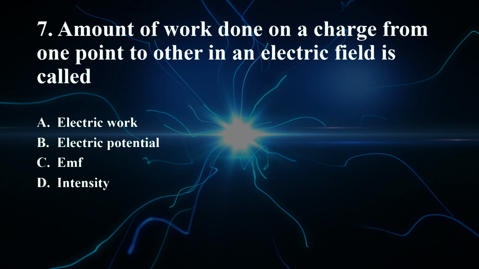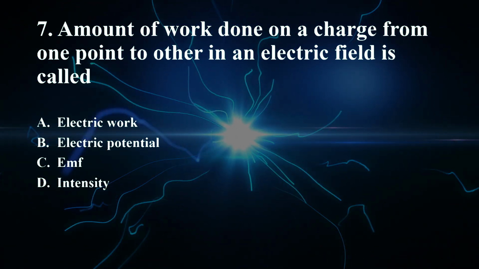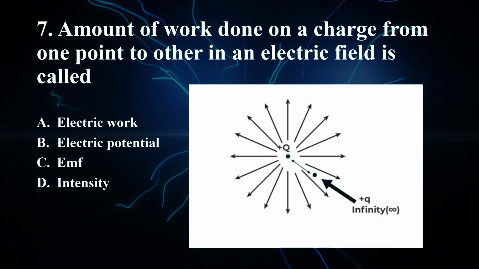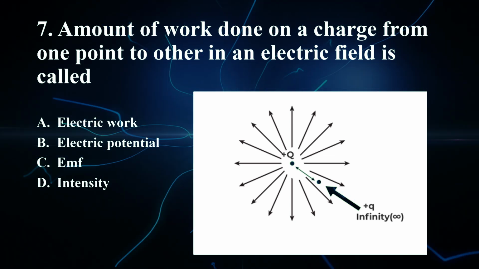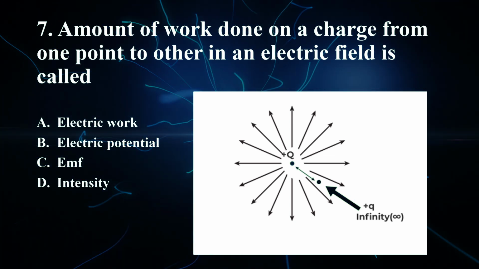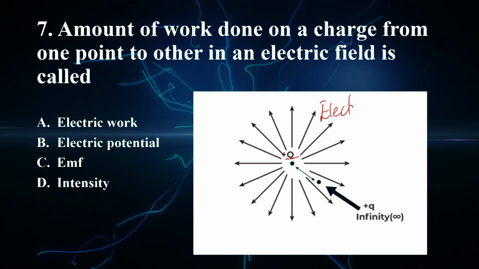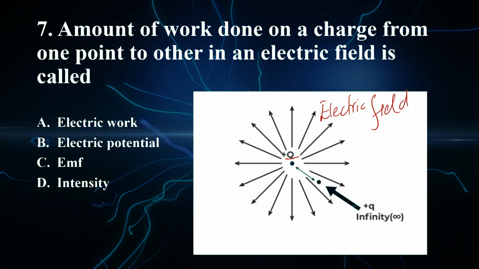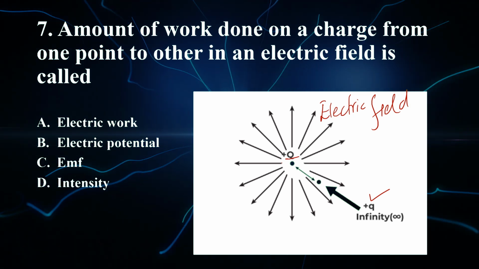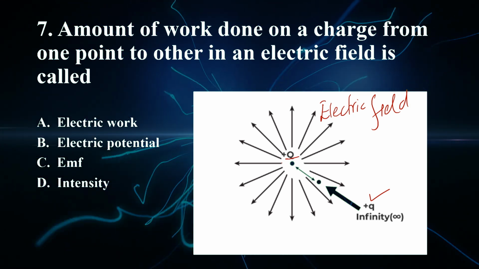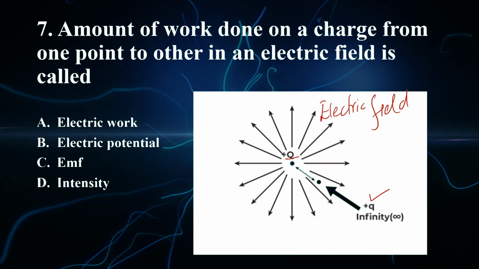Okay, so the amount of work done on a charge from one point to another point in an electric field is called, it's a definition of electric potential. We have studied in our secondary classes that whenever there is a source charge, let's say the source charge is represented with positive Q, and it has its own electric field, and there is some test charge, and if I take this test charge toward the source charge, it means I'm doing work on it because I'm moving this charge against the field, because they have a repulsive force between them.